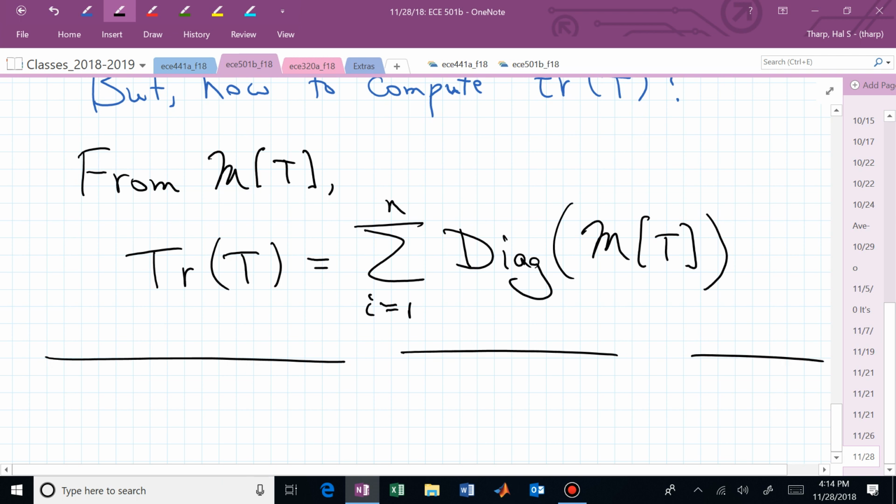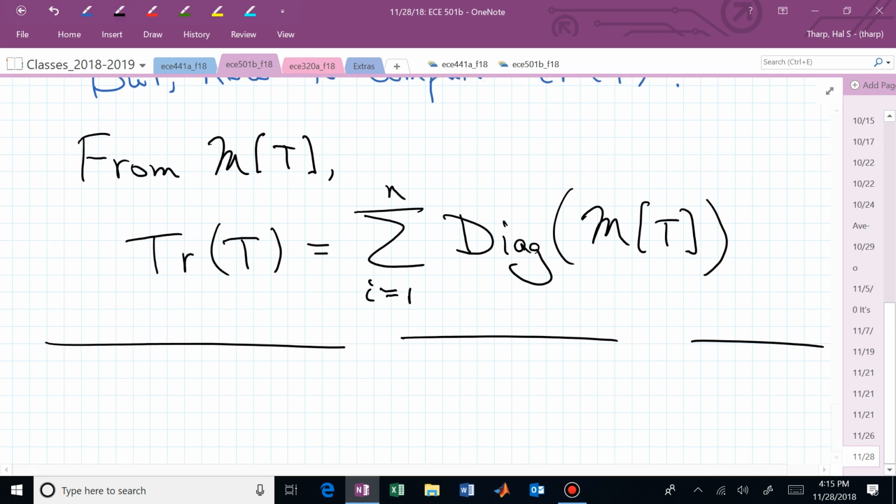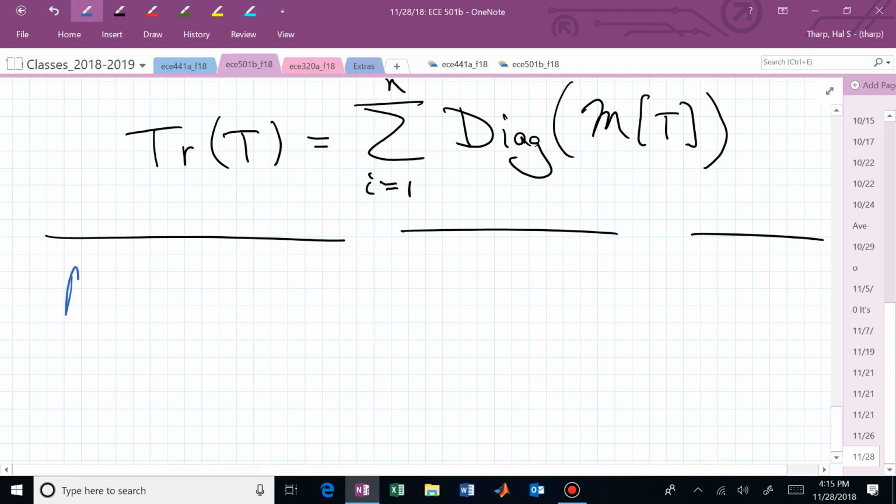You can find that by just adding the diagonal entries of your matrix representation of that linear operator without having to find those 5 eigenvalues. But it will equal the sum of those 5 eigenvalues. Here are some matrix facts.